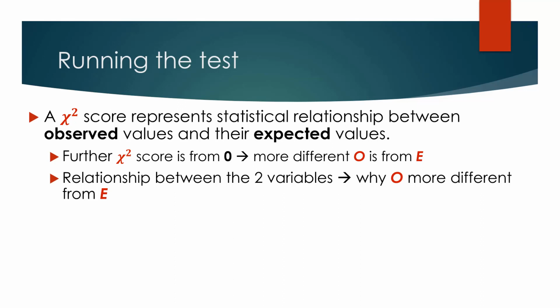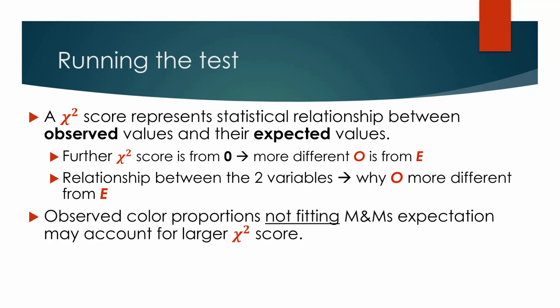In the goodness of fit test, the further the chi-square is from 0, the more different O is from E, which could indicate that the data does not fit the theory. So the observed color proportions not fitting M&M's expectation may account for a larger chi-square score.